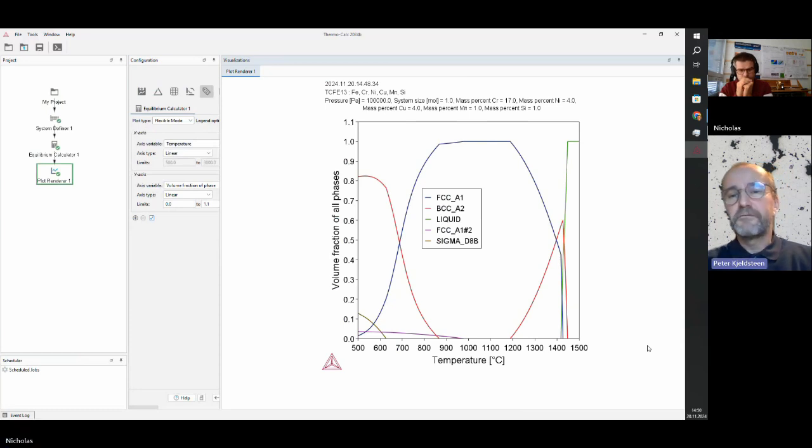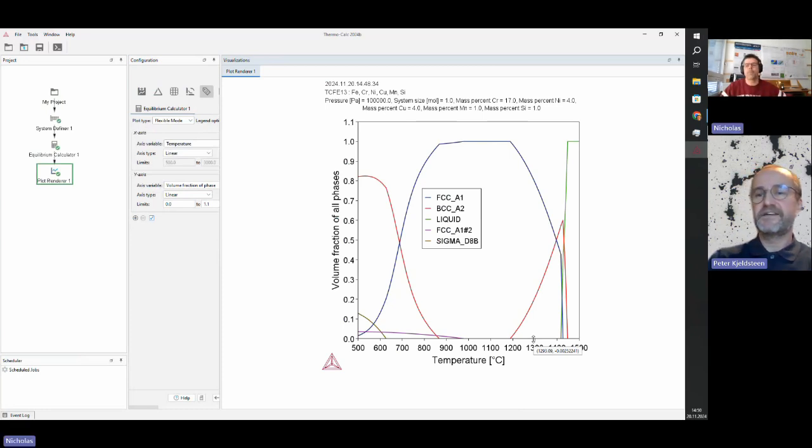So therefore, with an alloy like this, if I can sinter at 1,300, where I'm in a pretty large amount of delta ferrite, then I have a higher densification than if there were no delta ferrite.